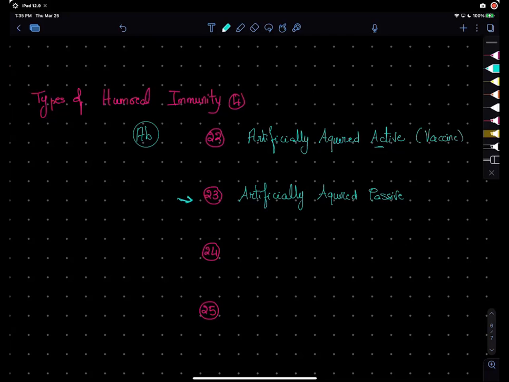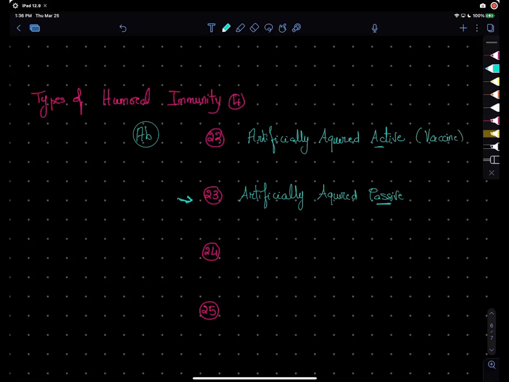So it is passive. You are not the one who has produced those antibodies. You get pre-formed antibodies. So we extracted those antibodies from the plasma of the recovered patients, and we've given those antibodies to sick people to get an immediate protection.